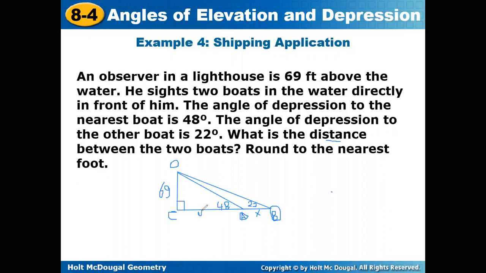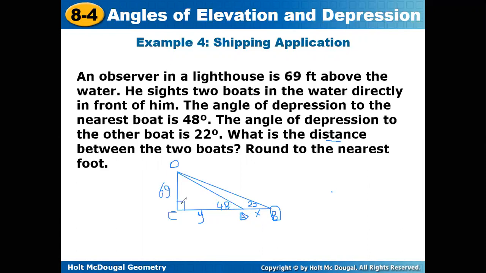Okay, so if you start with the triangle OCA, you have angle 48, its opposite leg 69, and I ask you about the adjacent leg, which is y. So you can calculate it. It's easy. Okay, now the second triangle, we have OCB.